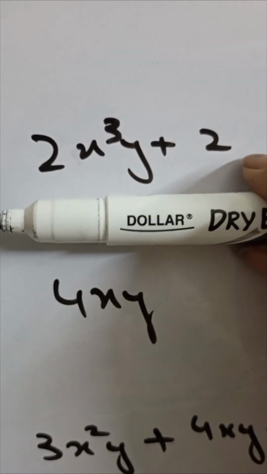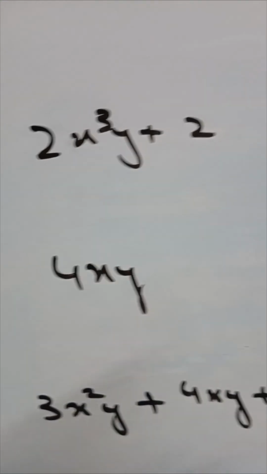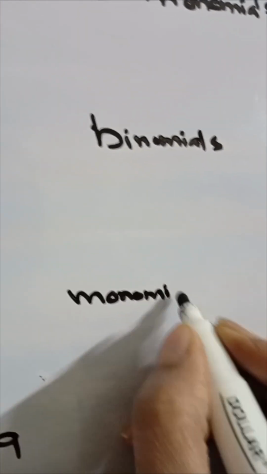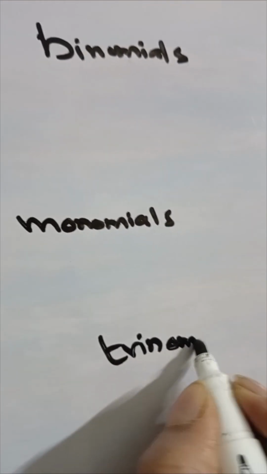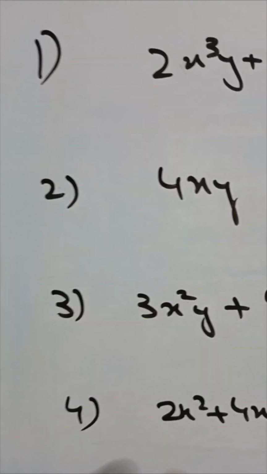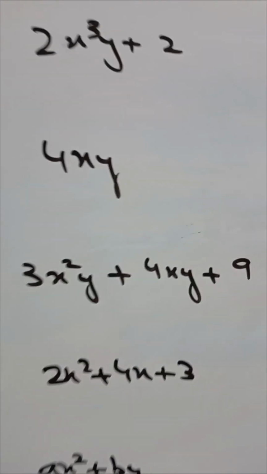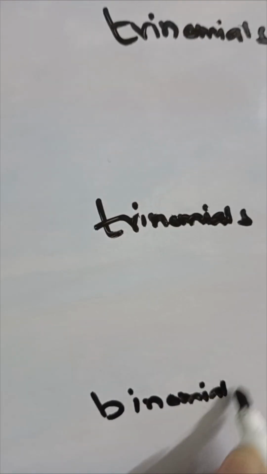Having two terms is known as a binomial. I hope it's clear.